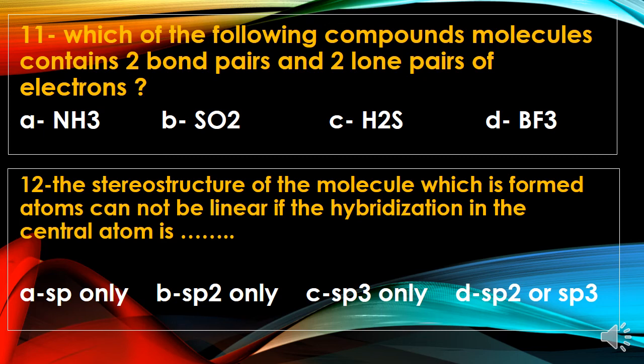The stereostructure of the molecule cannot be linear if the hybridization in the central atom is A, sp only; B, sp2 only; C, sp3 only; D, sp2 or sp3. The answer will be sp2 or sp3 because sp only can make a linear shape.